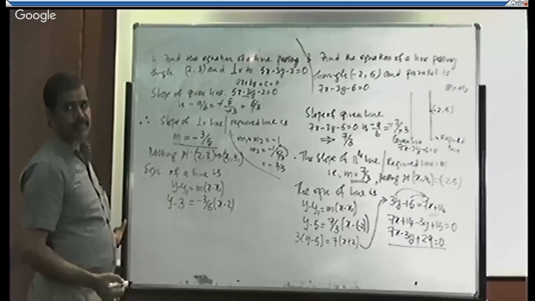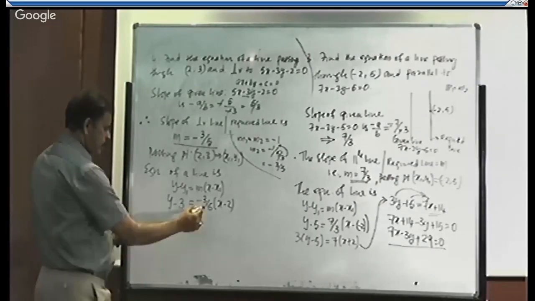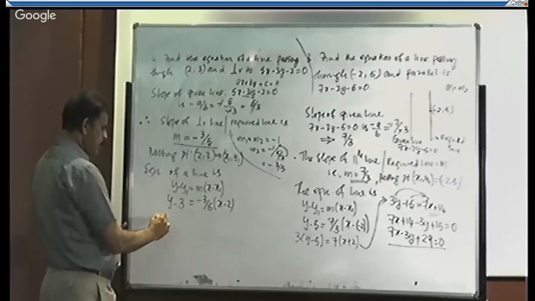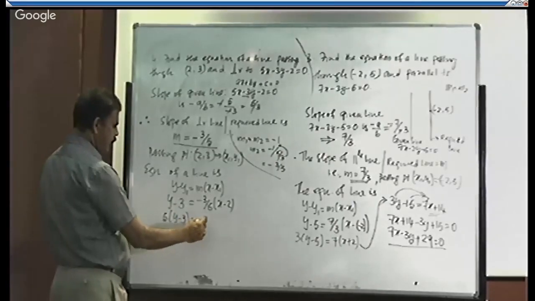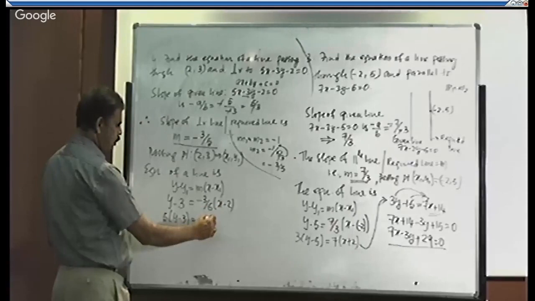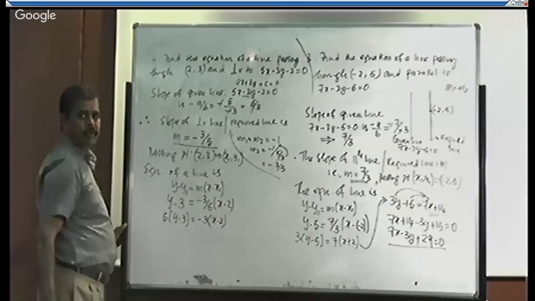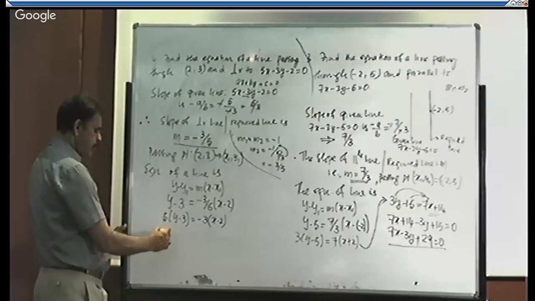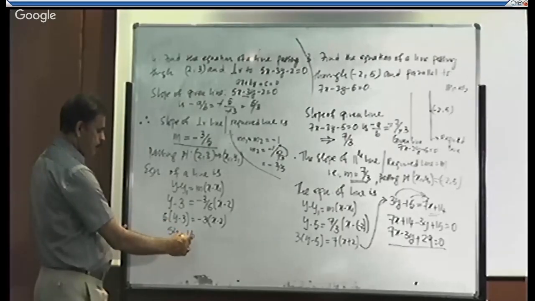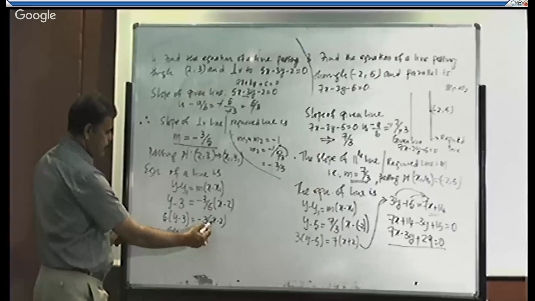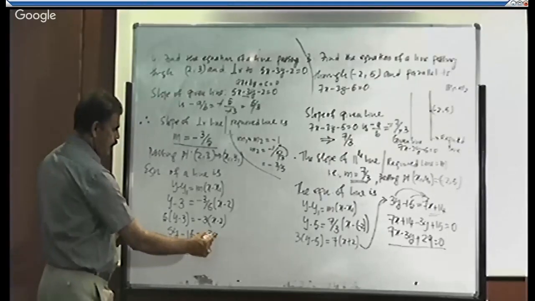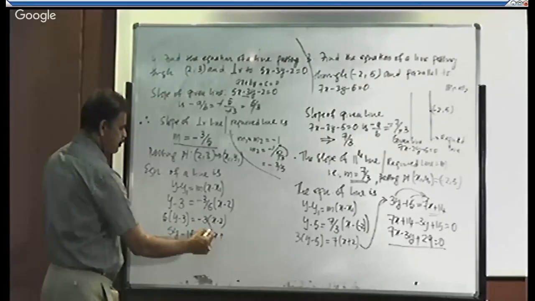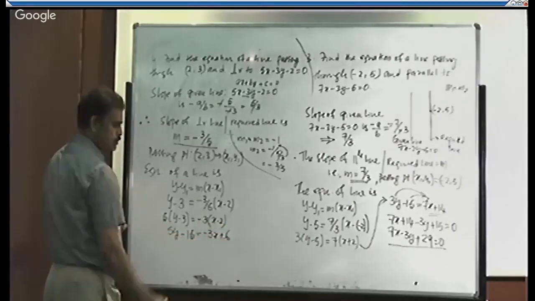It is a routine procedure. Take the denominator to the other side. 5 into y minus 3 is equal to minus 3 into what is remaining? x minus 2. Remove the brackets. 5 into y is 5y. Minus 5 into 3 is 15, is equal to minus 3x plus 6.